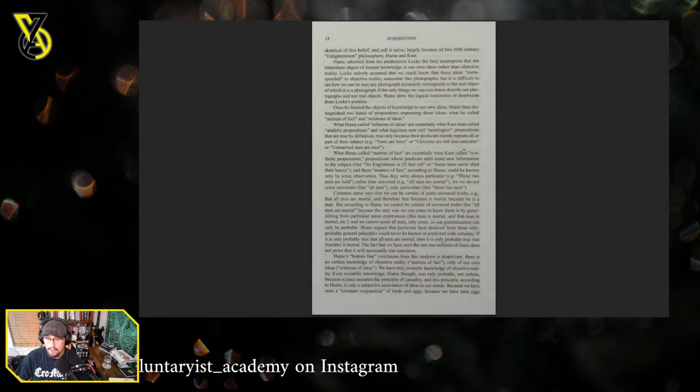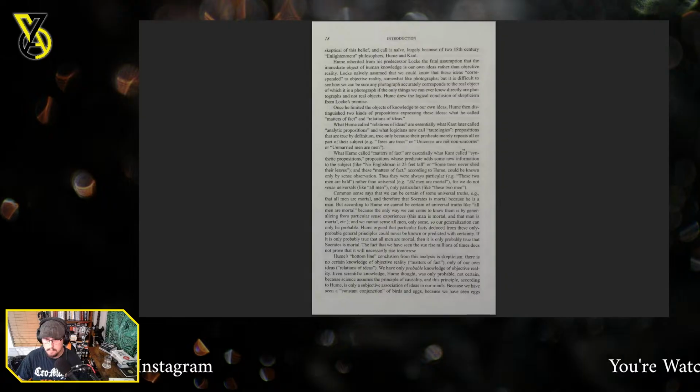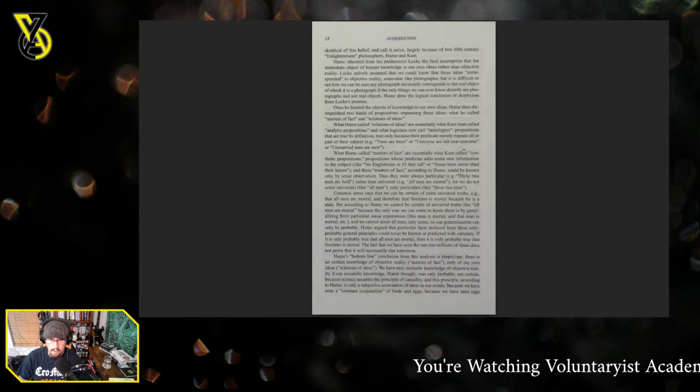What Hume called matters of fact are essentially what Kant called synthetic propositions. Propositions whose predicate adds some new information to the subject, like no Englishman is 25 feet tall, or some trees never shed their leaves. And these matters of fact, according to Hume, could be known only by sense observation.